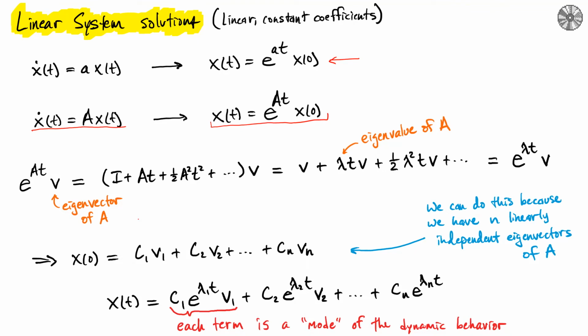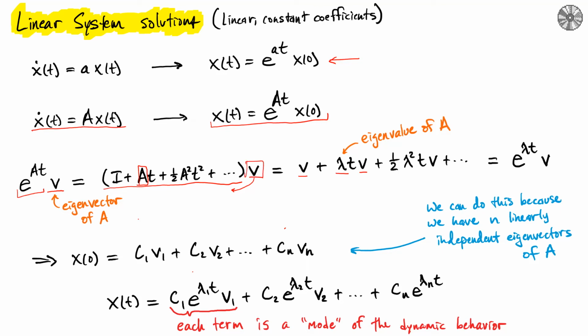To connect this with what we had on the very first slide, we observe what happens to e to the at when we multiply by an eigenvector of A. So v is an eigenvector of A. When we write out the expansion for the exponential, and we factor this v inside and multiply it through, we get a term that goes with v, and then we get a term with lambda v, which comes from the term where we had A multiplied by v.